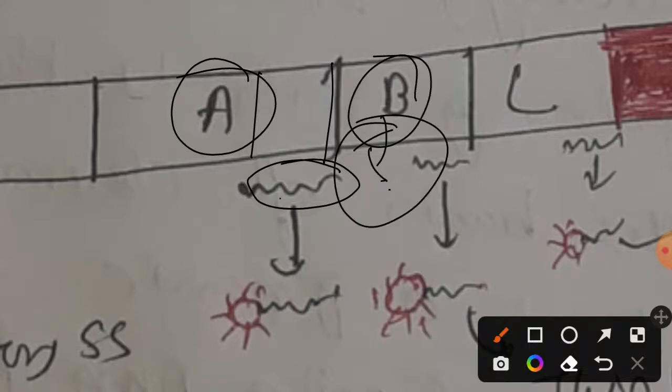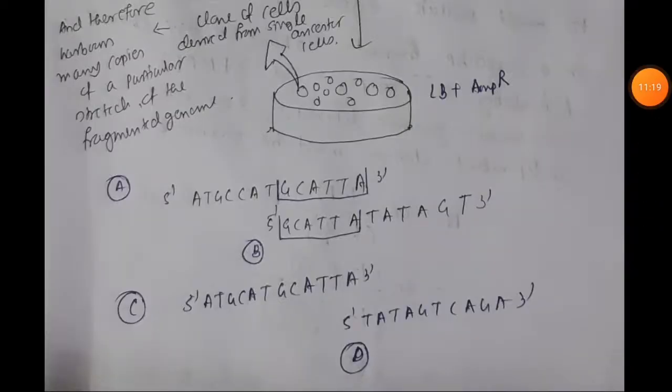As I have told you, the genomic DNA library will contain overlapping fragments of DNA. That means the 3' end of gene A should have some sequence that overlaps with the 5' end of gene B, because that is the actual meaning of overlapping, right?